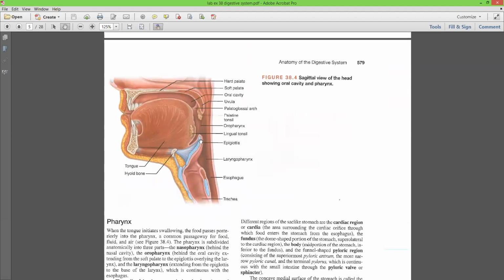Okay, also know the epiglottis. This is the area that covers your windpipe, or the trachea, so that food or fluids do not get down the trachea. It also helps route food properly into the esophagus.